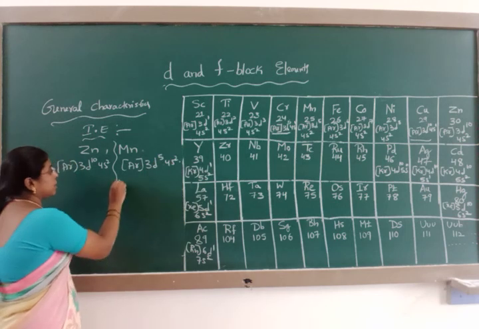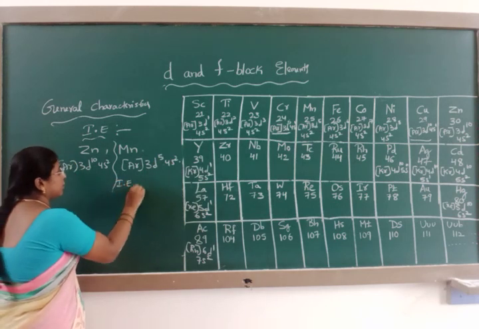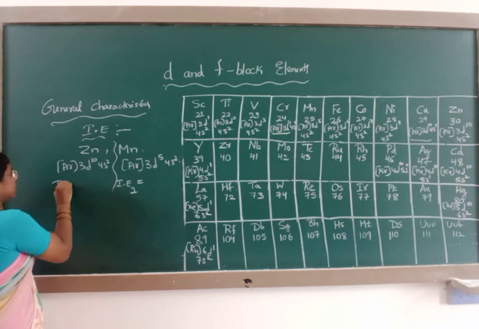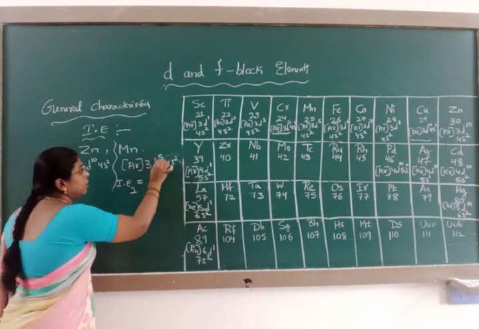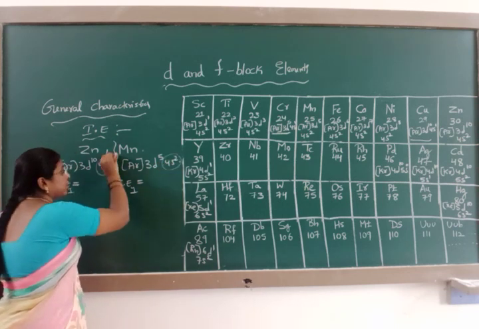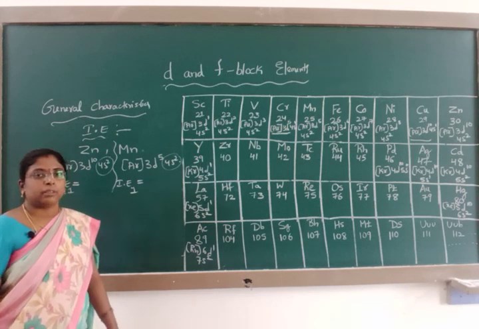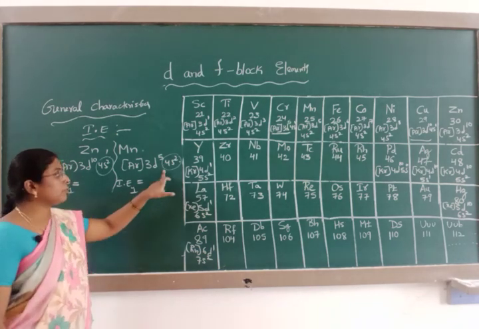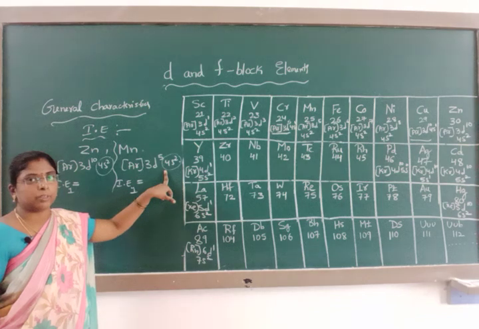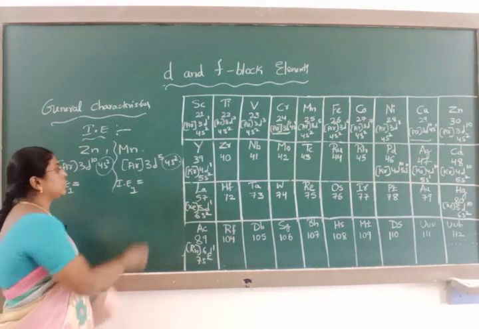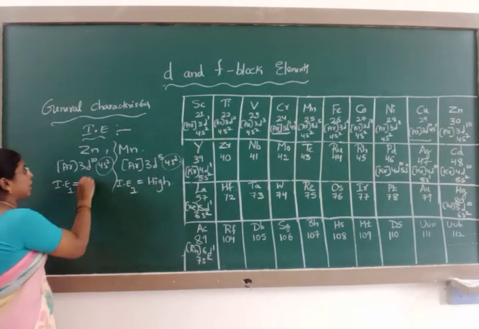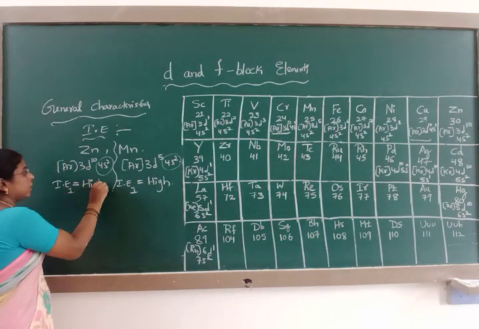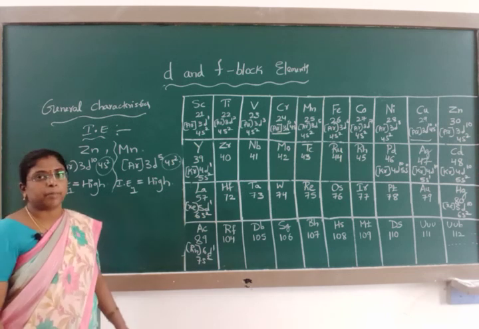If we take the first ionization enthalpy of these elements, we have to remove the electron from a completely filled 4s subshell. The energy required to remove the electron from completely filled orbitals is very high. Hence, the first ionization enthalpy is high in the case of zinc as well as manganese.